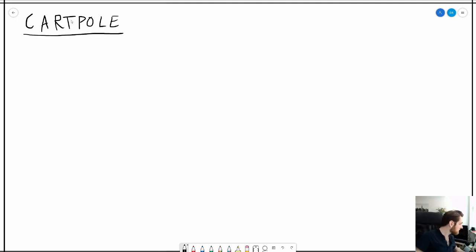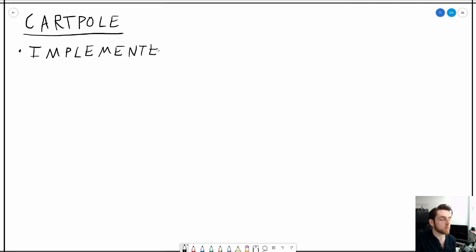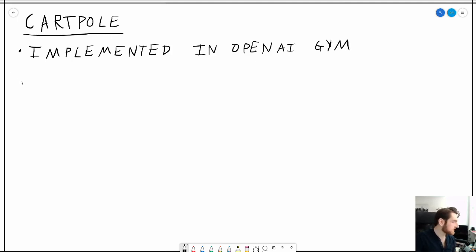If you want to experiment with this yourself, there's code we'll look at in a second, but this is implemented in the OpenAI Gym, along with many other environments to test reinforcement learning in. And essentially what it consists of is a state space.